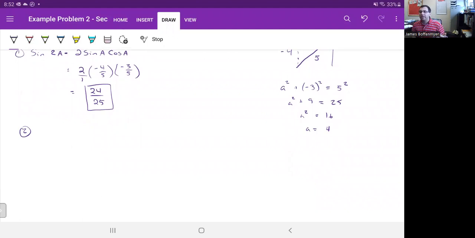I'm going to utilize the 1 minus 2 sine squared a. Actually, no, I'm going to do the cosine way, because I'm given a cosine value. If for some reason my triangle is incorrect, the cosine is given to us in the problem.